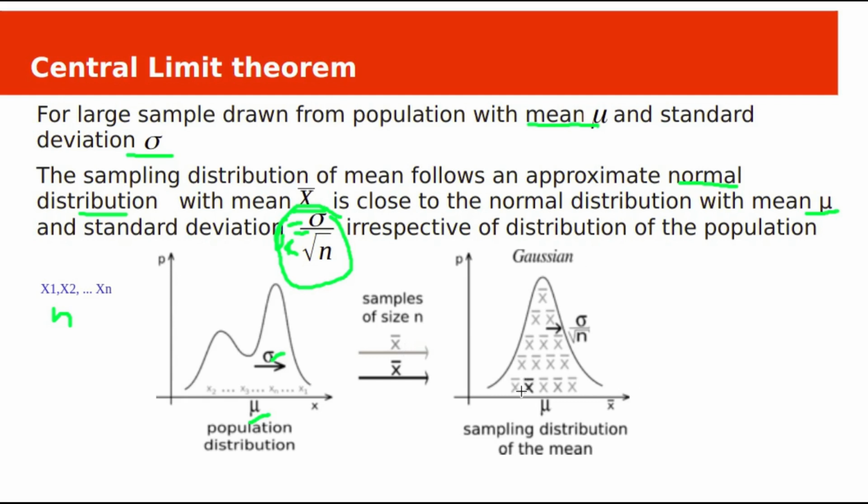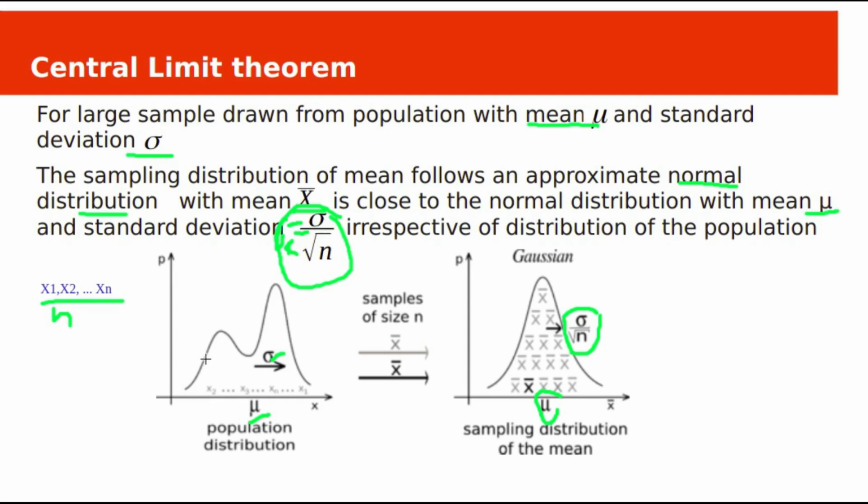Here we are plotting the mean values of all the samples. That distribution will follow a Gaussian or normal distribution with mean mu and standard deviation sigma by square root n for large n. The population distribution can be anything. It need not be a normal distribution.